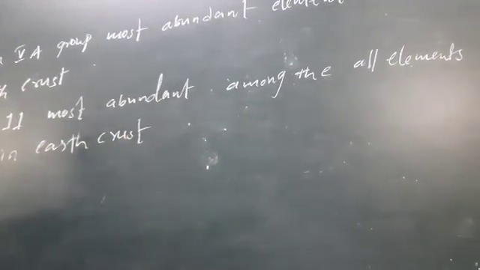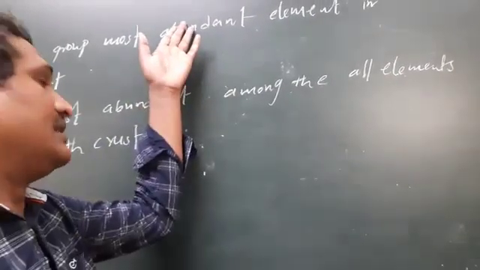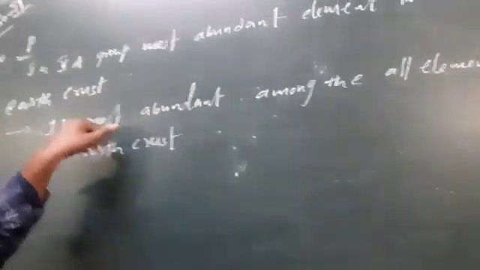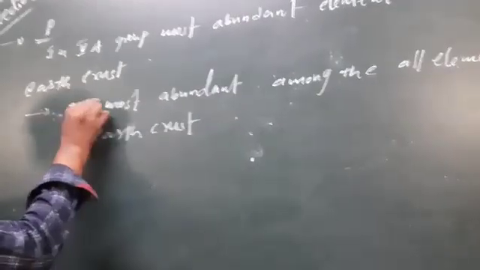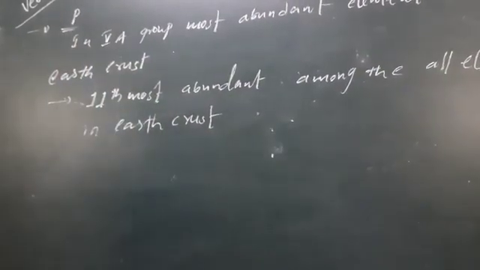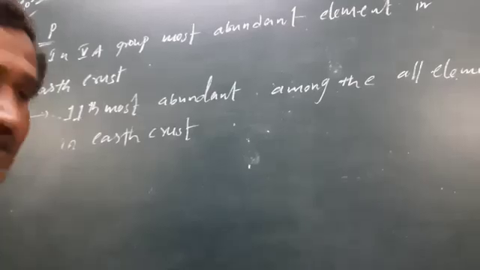So in this group it is the most abundant element in the earth's crust, and at the same time it is the 11th most abundant among all elements in the earth's crust.